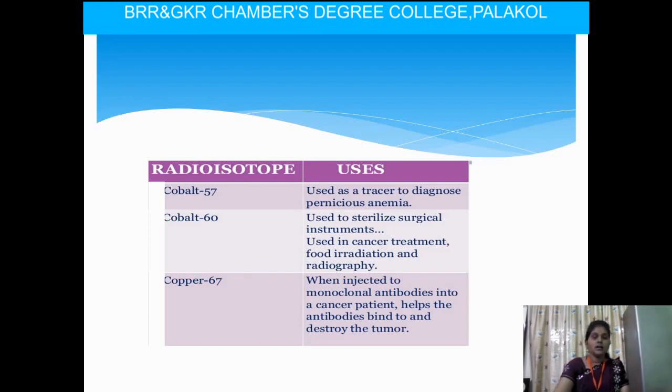And next one is copper 67. When injected with monoclonal antibodies into a cancerous patient, this helps the antibodies bind to and destroy the tumor.